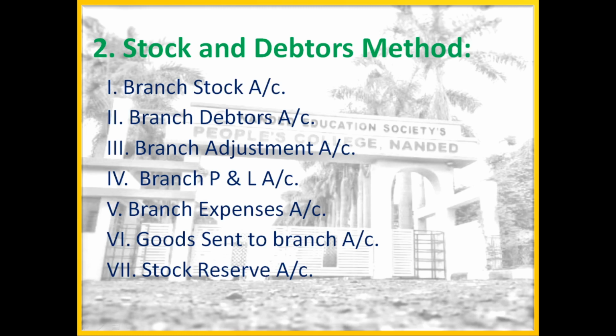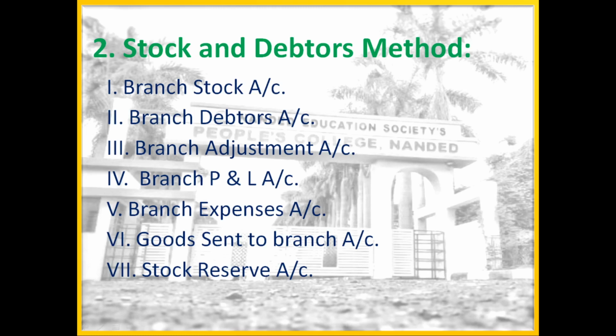Number 6, goods sent to branch account. To ascertain the net cost of goods sent to branch, this account is credited with the invoice price of goods sent to the branch by the head office and transferred from other branches, and debited with the invoice price of the goods returned and transferred by the branch.